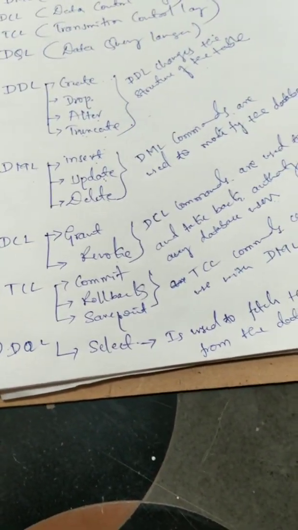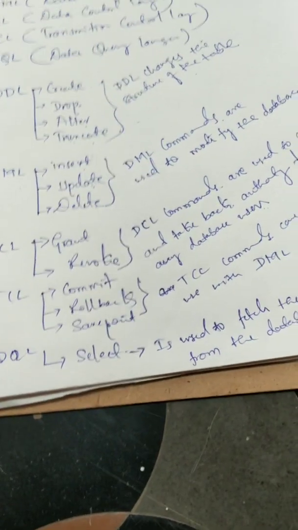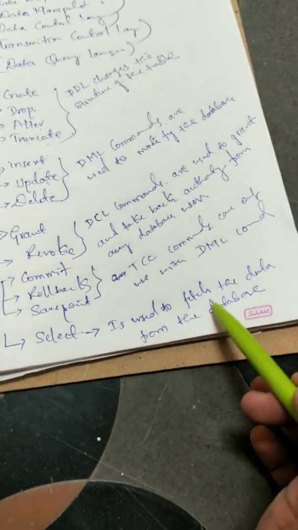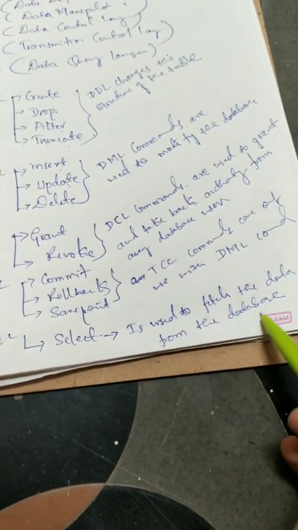The select command is used to fetch data or information from the database, right? We have only one command, the select command, which comes in DQL, data query language.